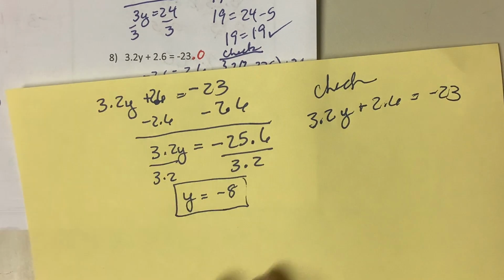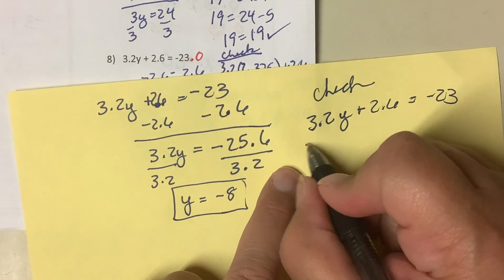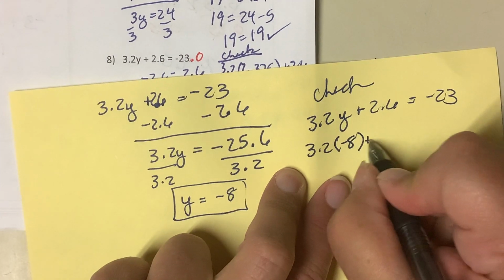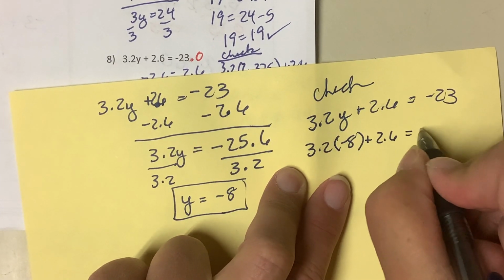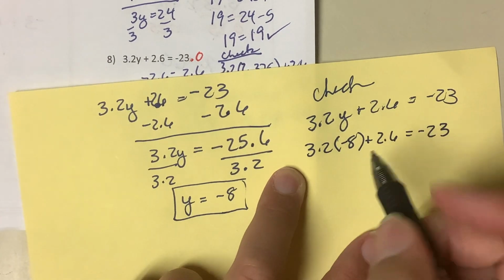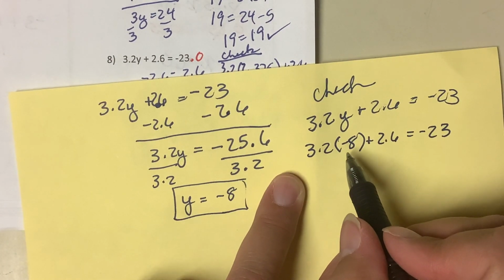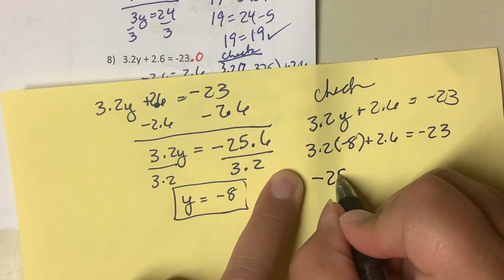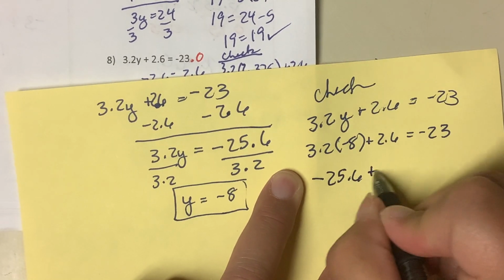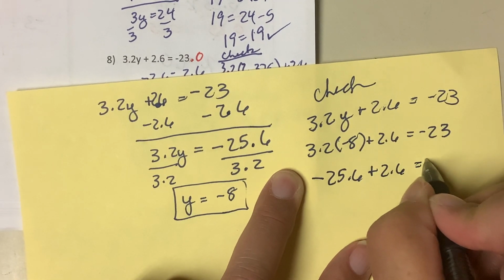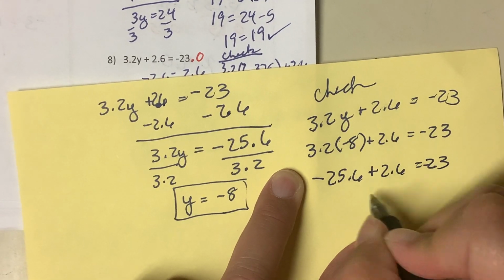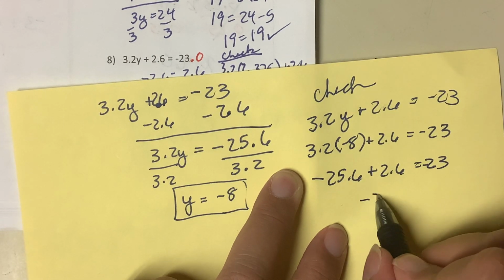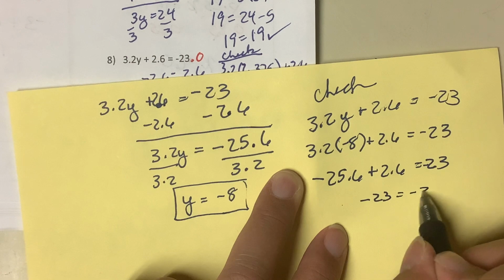Make sure you can see it all. 3 and 2/10 times negative 8 plus 2 and 6/10, negative 23. 3 and 2/10 times negative 8 is negative 25 and 6/10, plus 2 and 6/10, negative 23. And look at that. Now, when I do it, I get negative 23 equals negative 23.